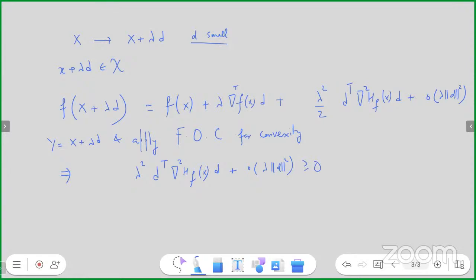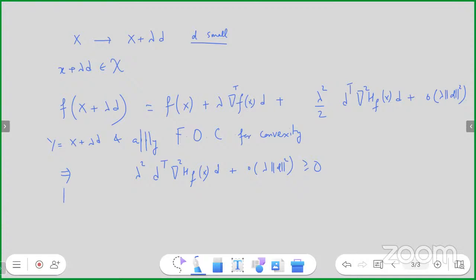What I really want to prove is that this is positive semi-definite. And for that, I can handle this with or without a scalar. So I can simply divide this by lambda squared and take the limit as lambda goes to 0.